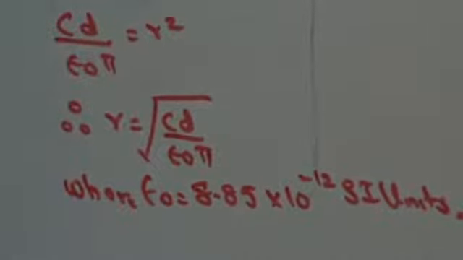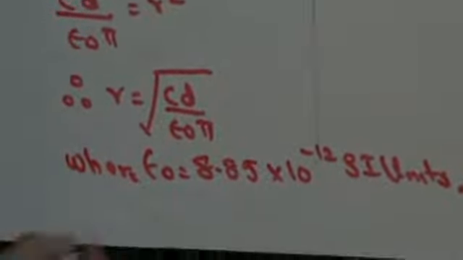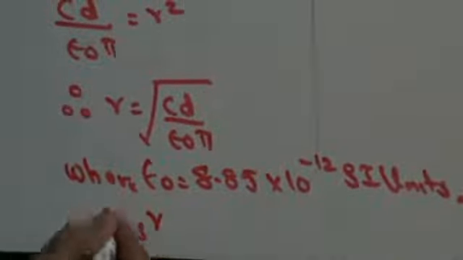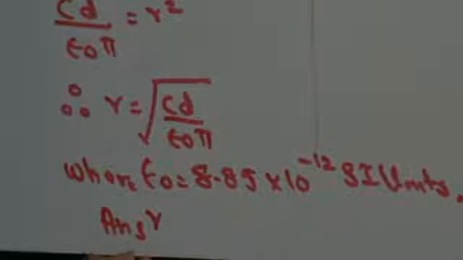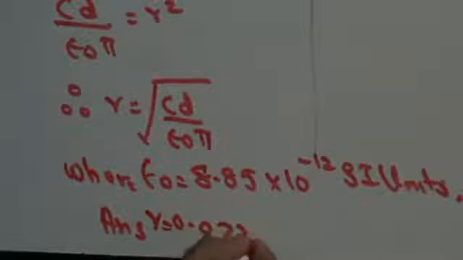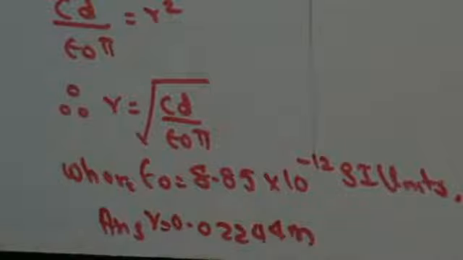The radius should be 0.02244 meters. That should be the radius of each plate. Next, take on next sum please.